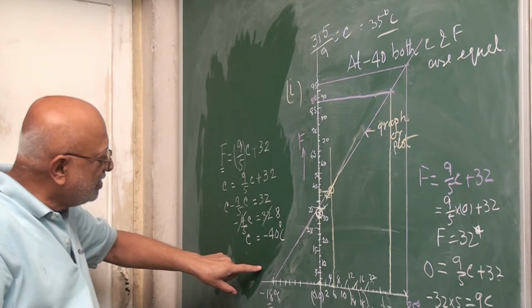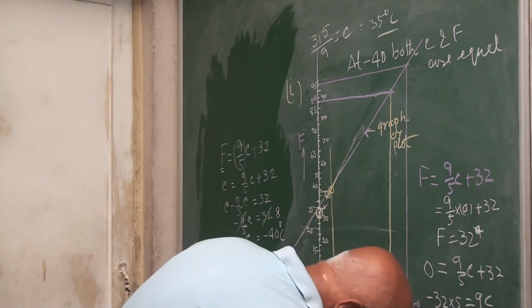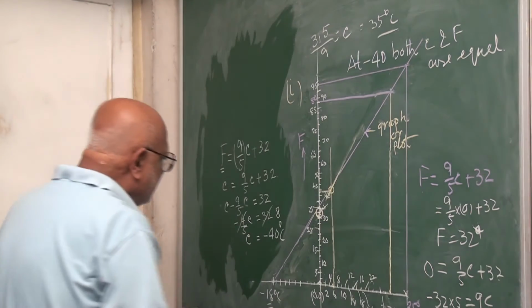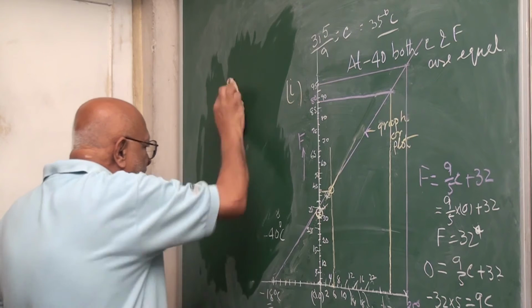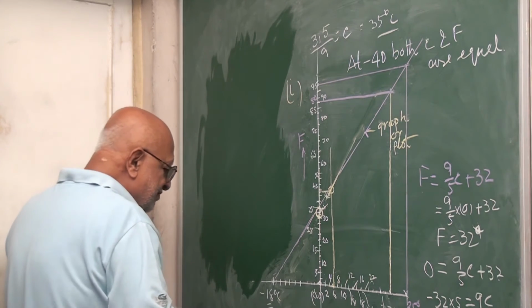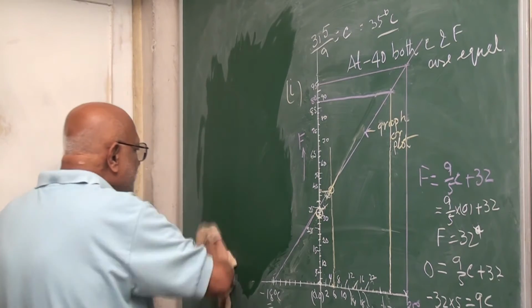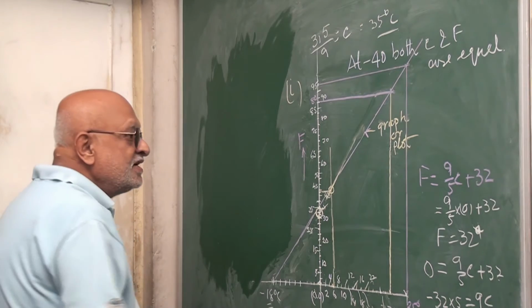For the purpose of experience, let us do it the other way around also, and see whether you reach the same point or not. So this time, instead of C, we'll put F there.